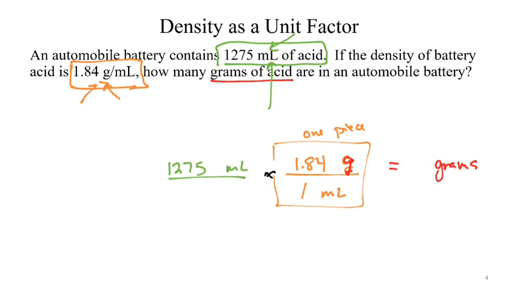What's in the denominator? Nothing. But I can't put 0 because 0 does all sorts of bad math stuff, so 1 is the only thing I can place in the denominator. The milliliters units cancel, and I'd be left with grams. All I've got to do now is multiply these two things by each other and get a final answer.